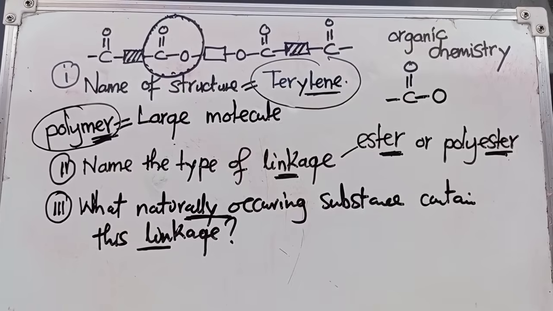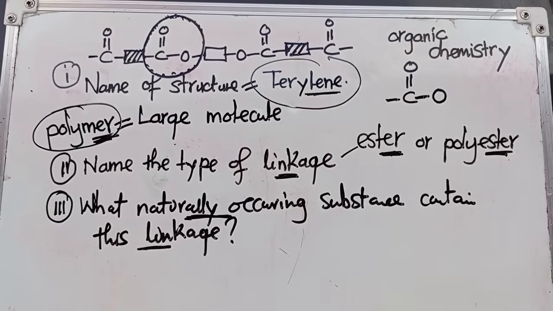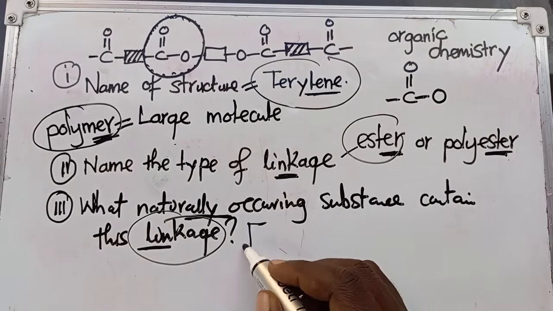They are not man-made, like synthetic or artificial macromolecules. They are natural occurring macromolecules. The one that has this linkage, we know the linkage we are talking about. This is an ester linkage. So you're able to agree with me on what those ones have.